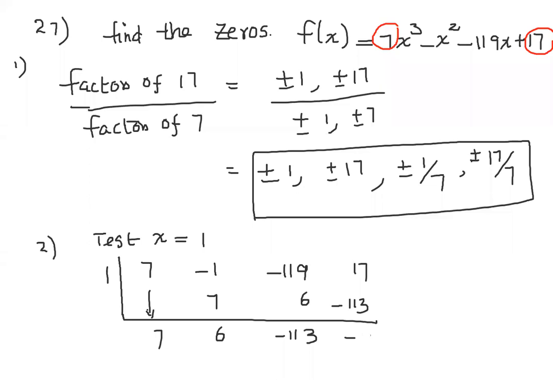So I'm getting negative 96 as my remainder. So x equal to 1 is not a 0. You have to get 0 as a remainder. So it's not a 0.